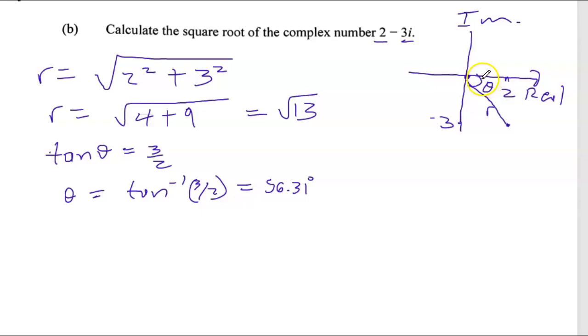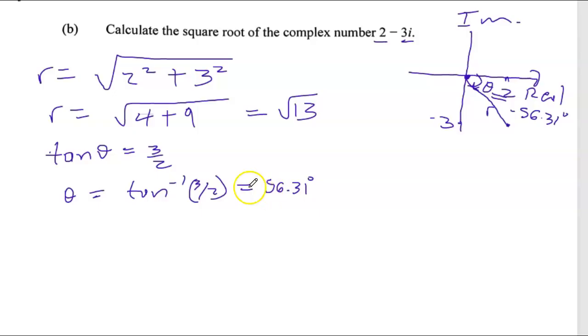But because of where the angle is located, you're moving clockwise from the horizontal axis to r. That means it's a negative angle. So actually theta would be negative. So this angle is actually negative 56.31 degrees.